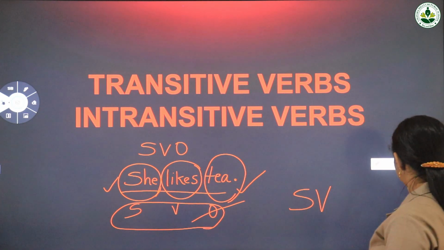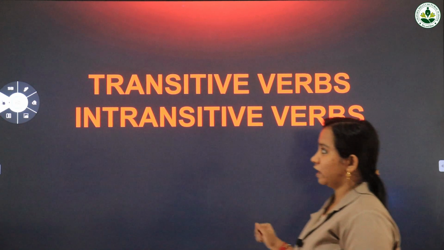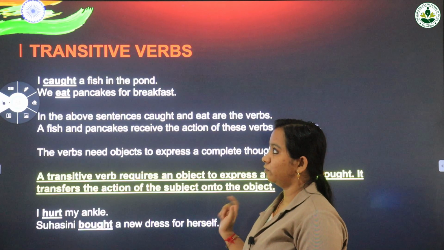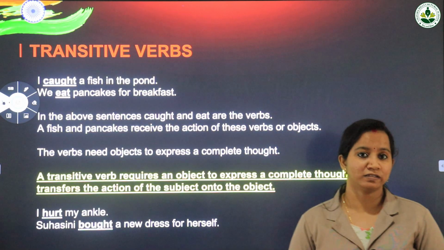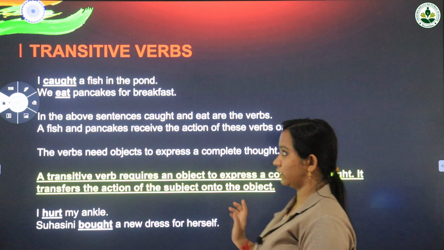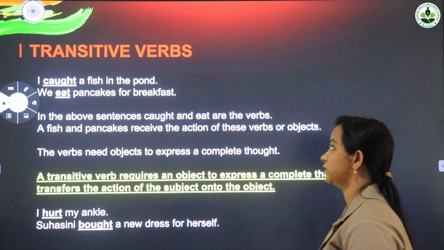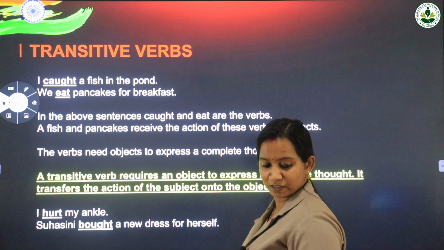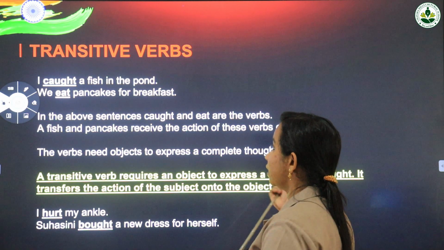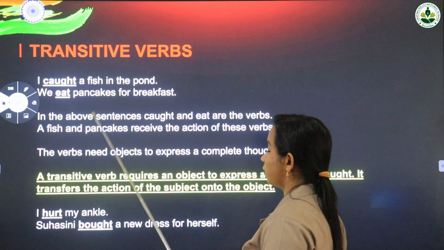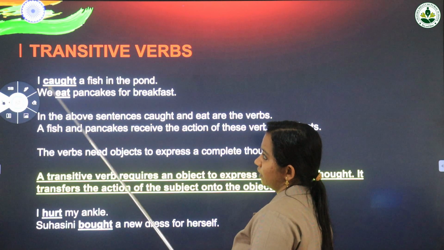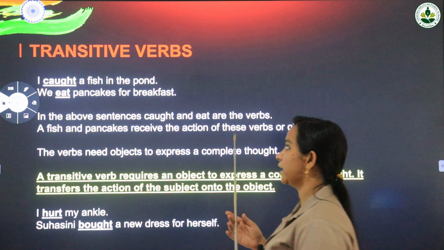Okay. So moving on to what are transitive and intransitive verbs. First we will see what are transitive verbs. So first we will see the example, then we will move on to the definition of transitive verbs. So first just see this example. I caught a fish in the pond. And the next one, we eat pancakes for breakfast.